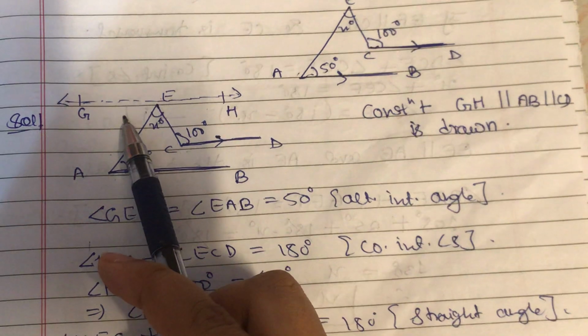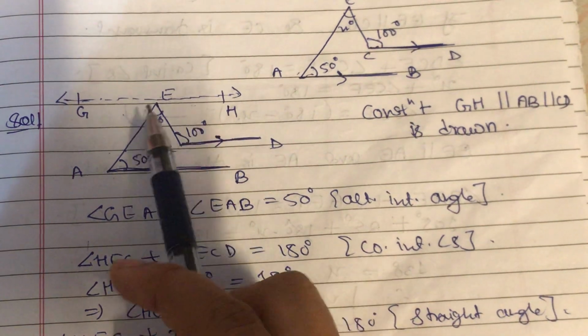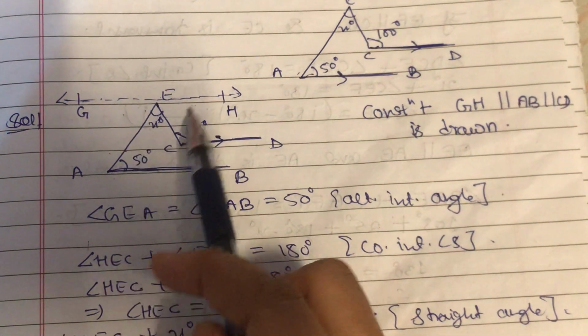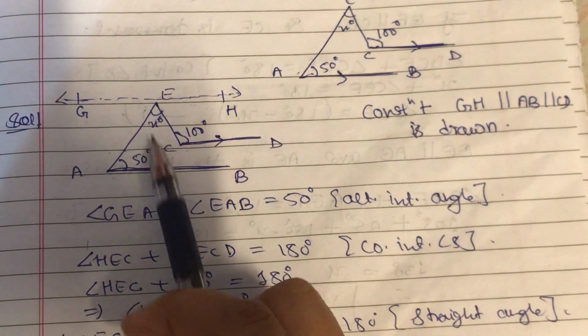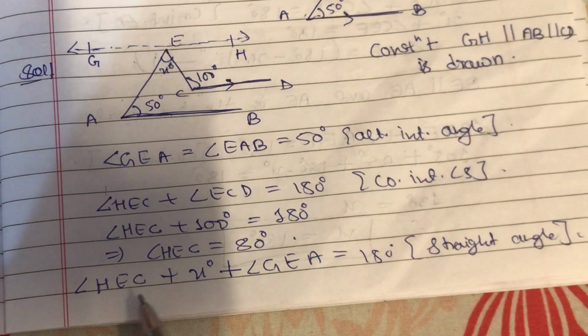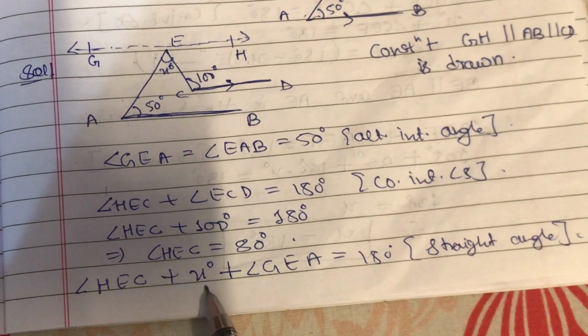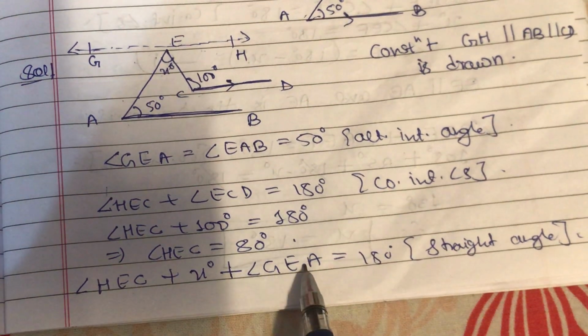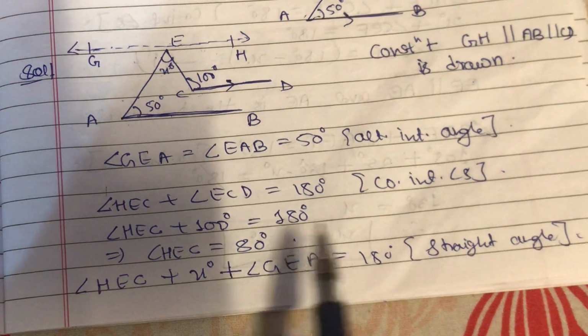Now this is your 50, this is your 80. So this will be how much? Sum of angles on a straight line is 180. So if I subtract from 180 the value of this and this, I'll get x. Here I have written straight line angle. So from there we know the value of HEC which is 80, GEA which is 50. So I'll just put the value and we'll get the answer.